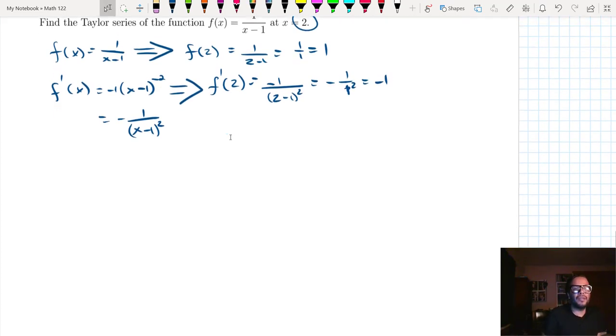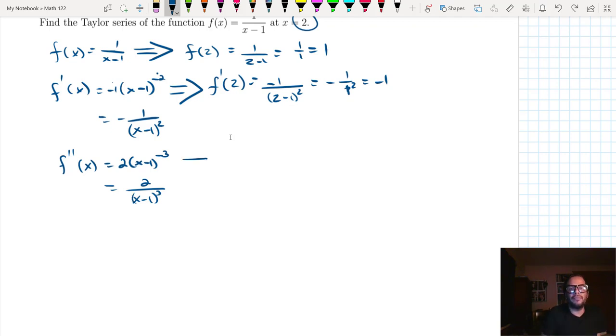Let's take the second derivative. Negative 2 times negative 1 will be positive 2 times x minus 1 raised to the negative 2 minus 1, that will be negative 3, which is the same as 2 divided by x minus 1 to the third power.